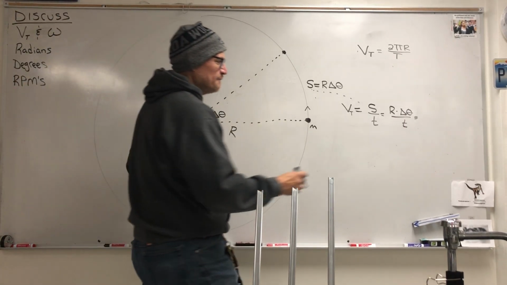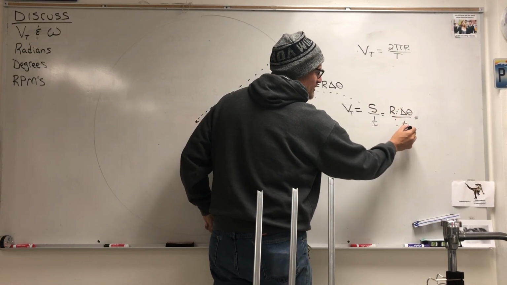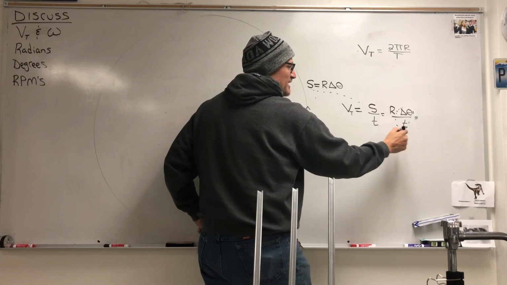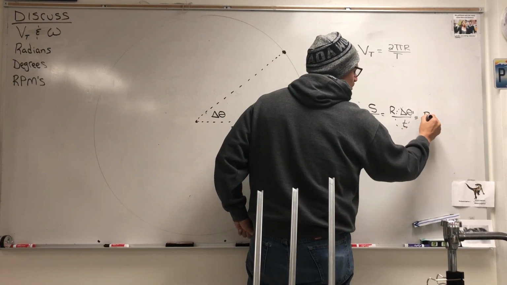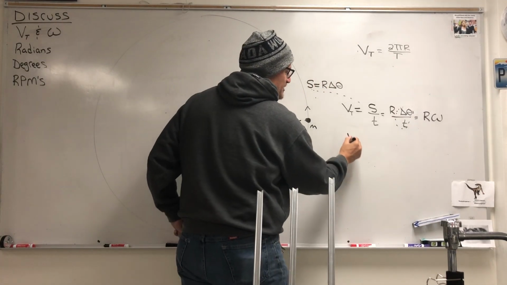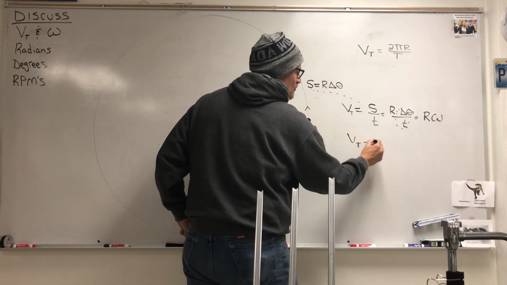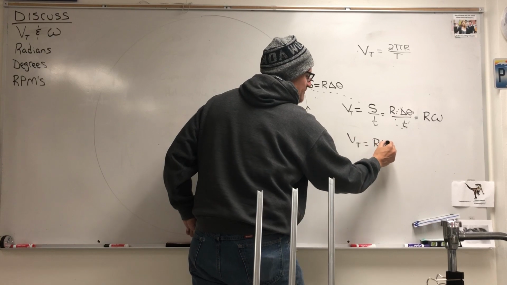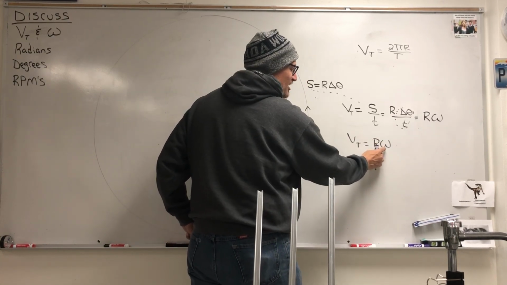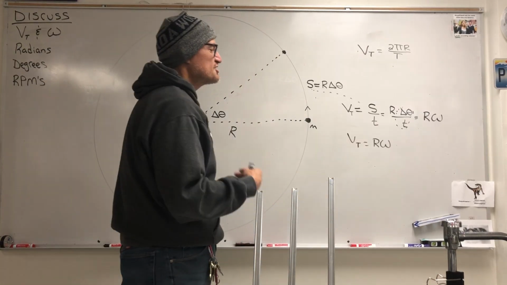Now, look at this: delta theta over t is the rate at which theta is changing with time, and that's called omega. So tangential velocity equals r times omega, where r is the radius and omega is the angular speed.